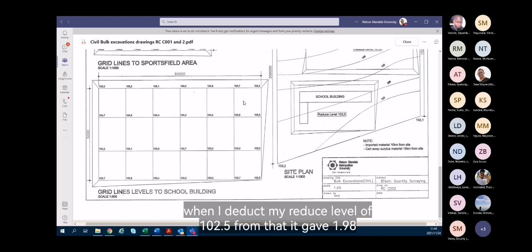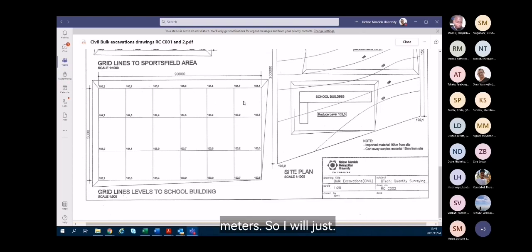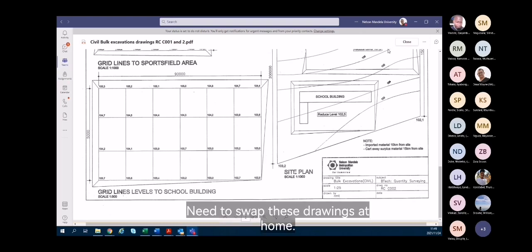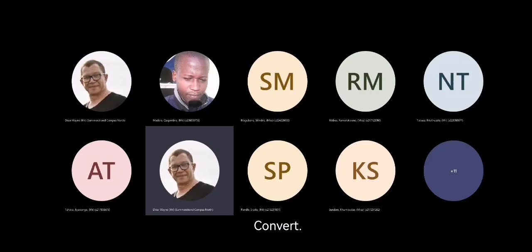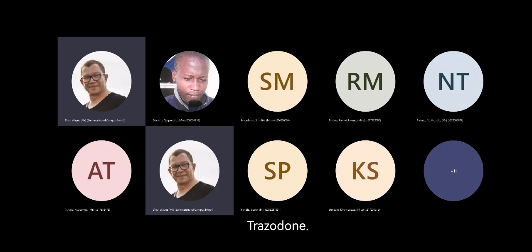And when I deduct my reduced level of 102.5 from that, I get 1.98 meters. So I will just need to swap these drawings around.